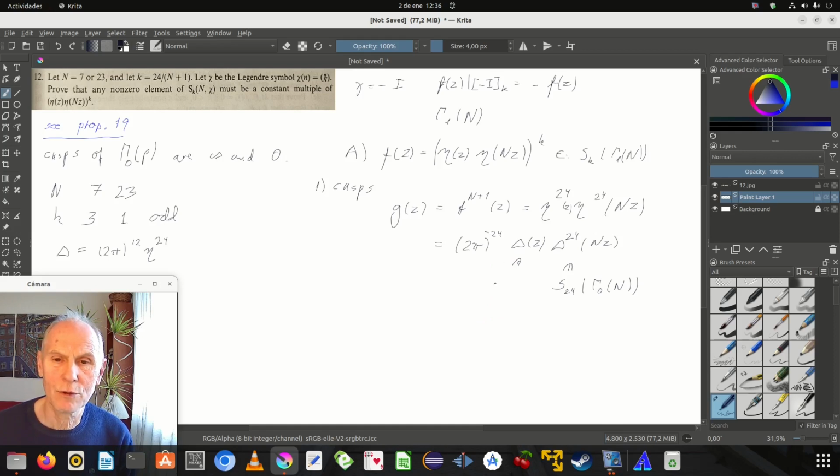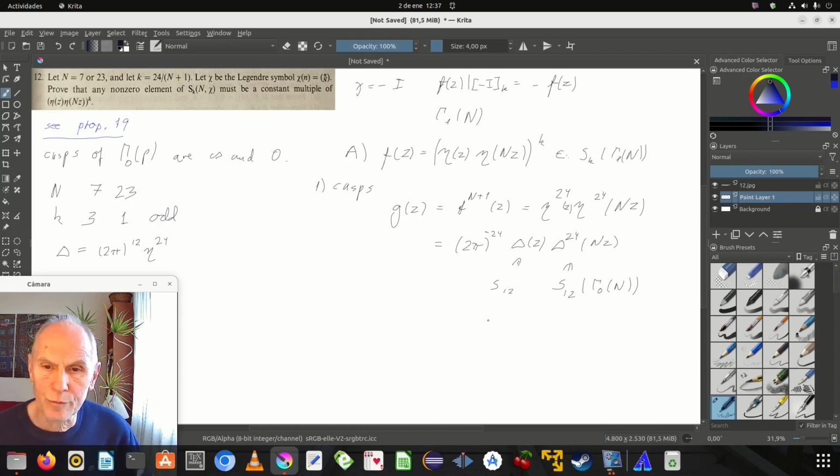And this, of course, there's something wrong here. It's S12, isn't it? It's of level 12. And that means that this guy lies in S24 of gamma naught of n.